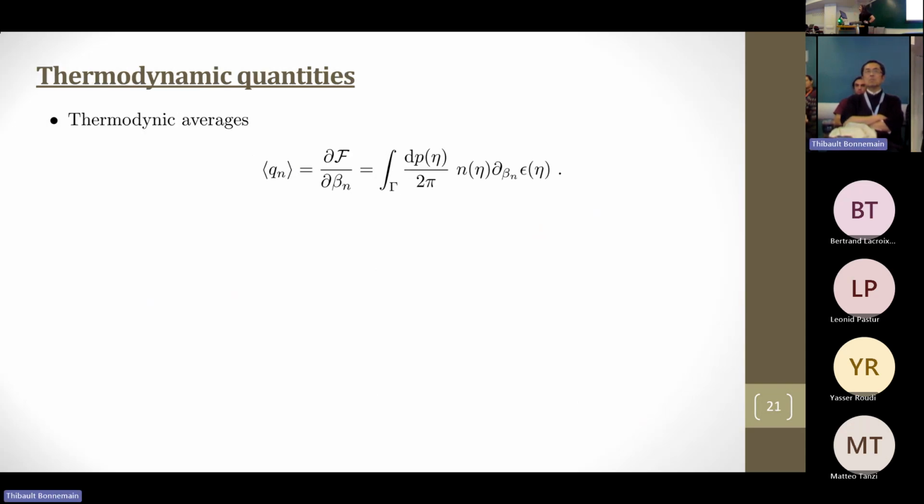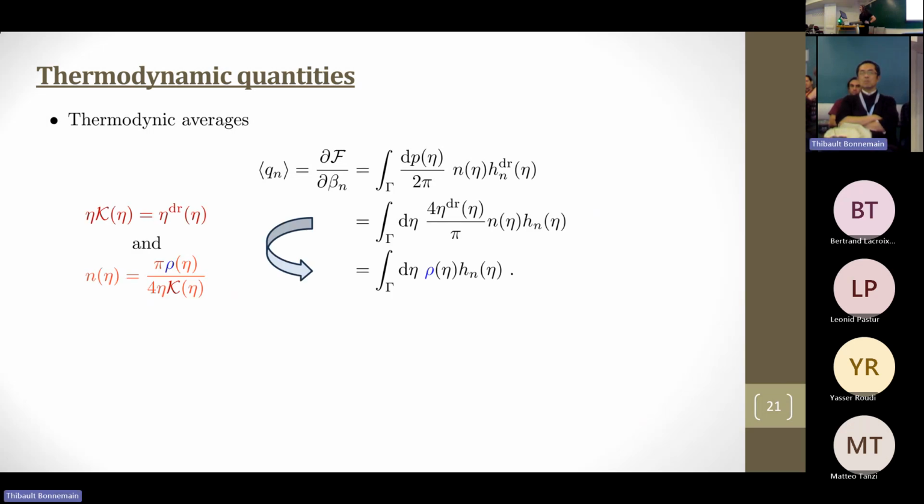I go back to my averages. Now I have a way of expressing this derivative of epsilon in terms of dressed quantities. So it's just Hn dressed. Then I use the property of the dressing I told you about. So initially I had H dressed.